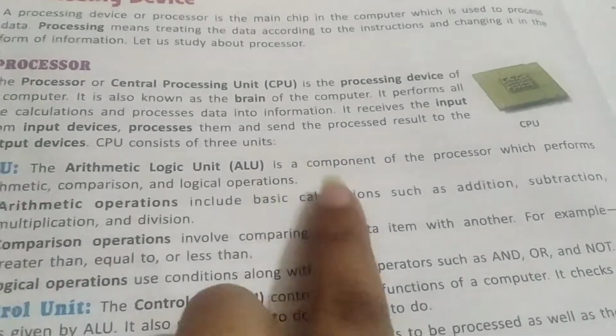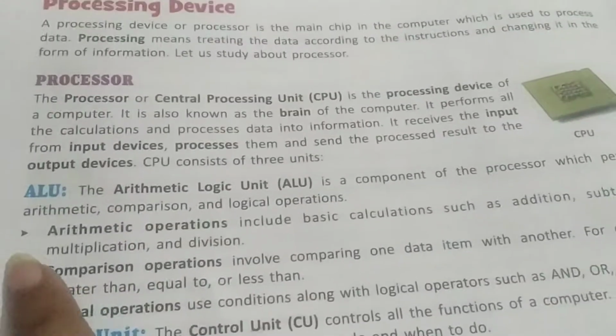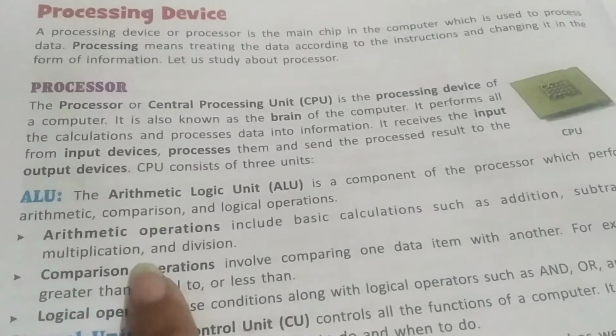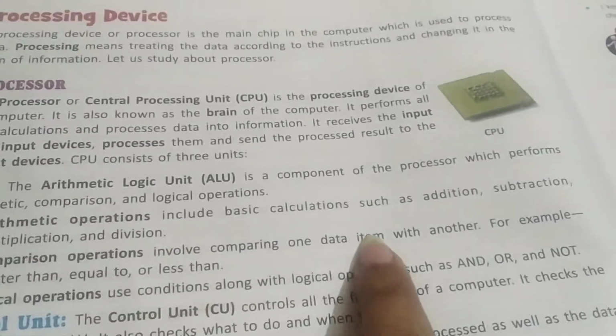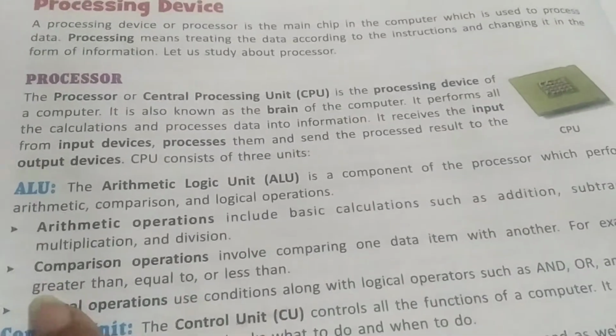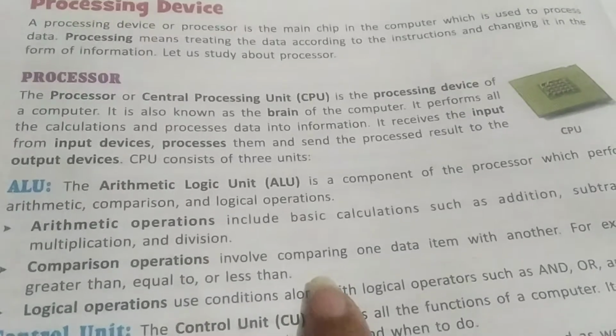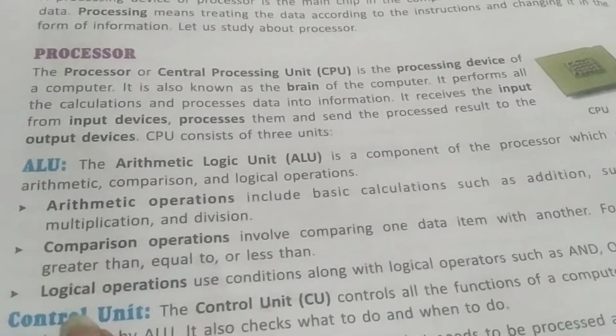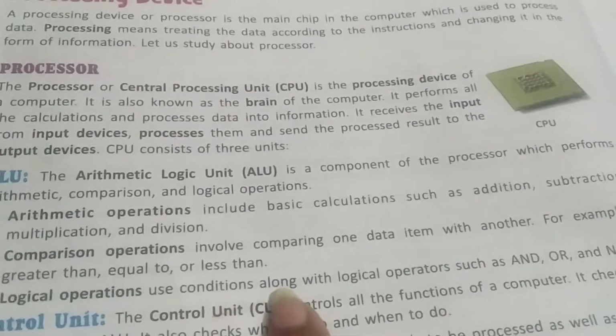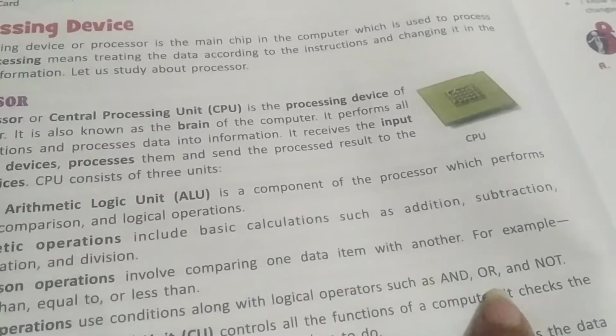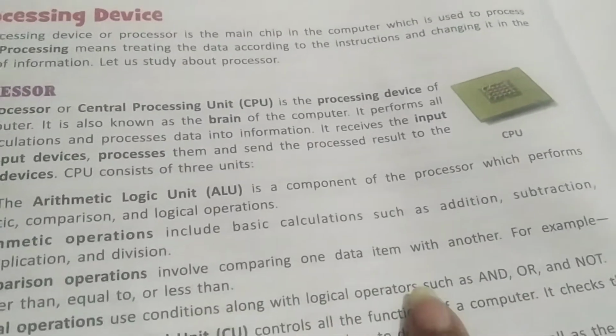Arithmetic operations include basic calculations like addition, subtraction, multiplication and division. Comparison operations involve comparing one data item with another. For example, greater than, equal to, less than, these signs are used for comparing data. And for logical operations, we use conditions along with logical operators like and, or, not. These are used as the logical operators.